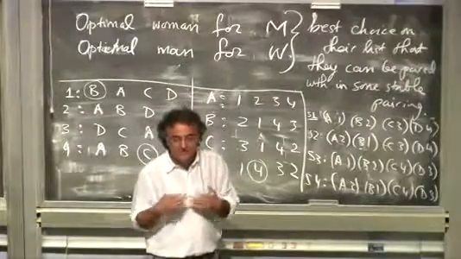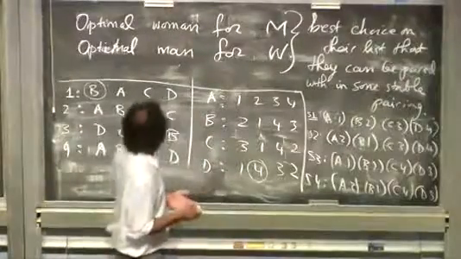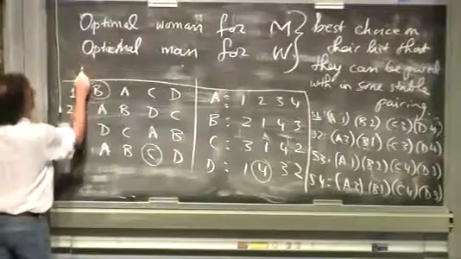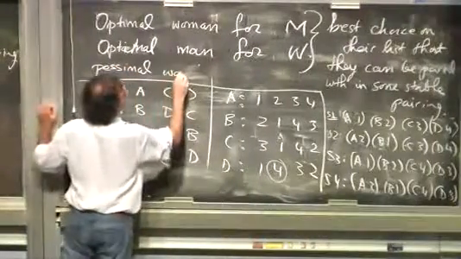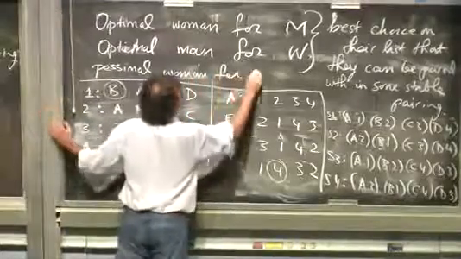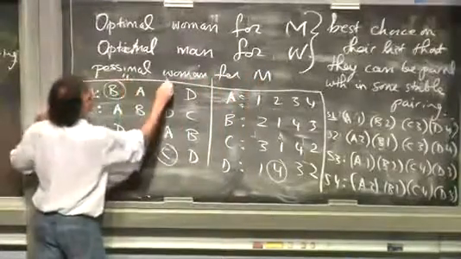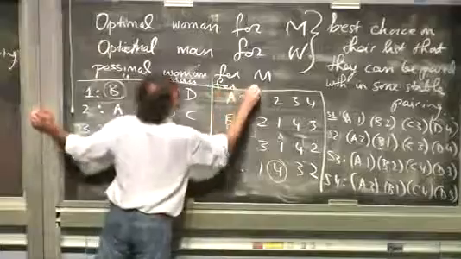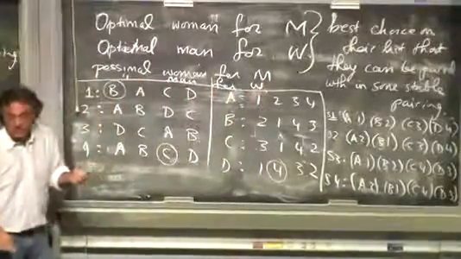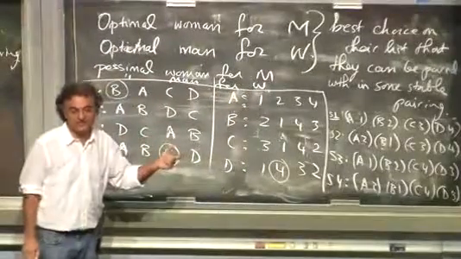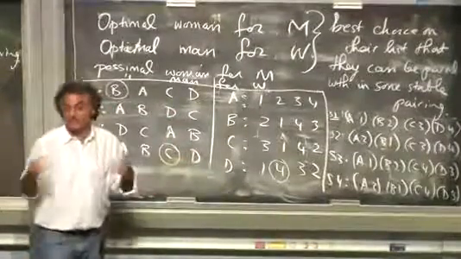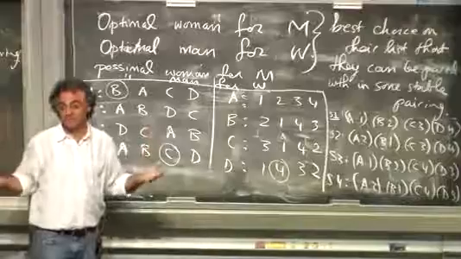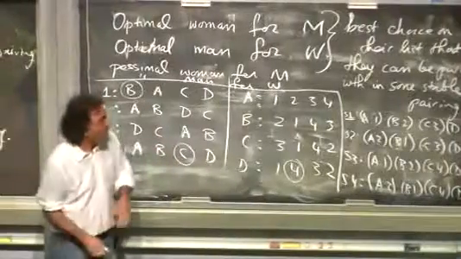The scandal actually deepens further when you consider the notion of pessimal. The pessimal man for W. Again, pessimal means what's the worst possible choice that this man could make and still be stable, in some stable matching, stable pairing.